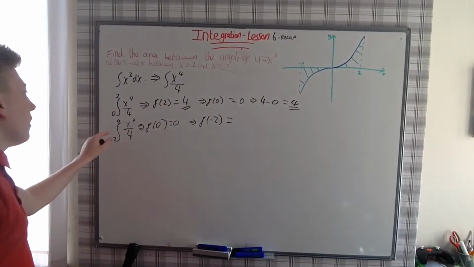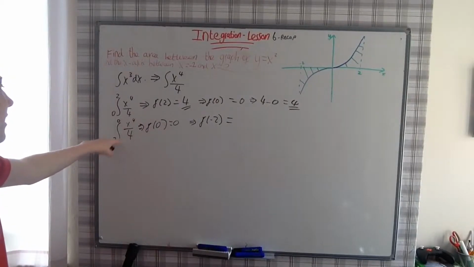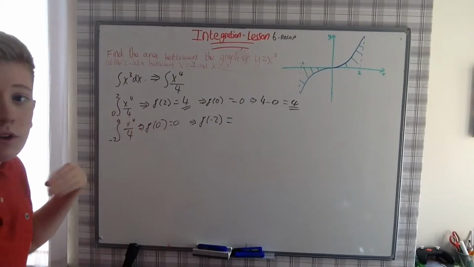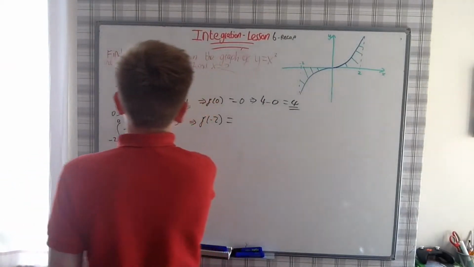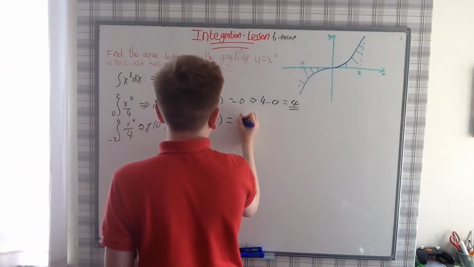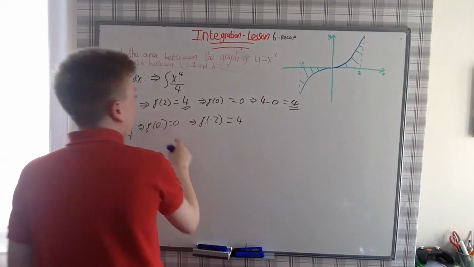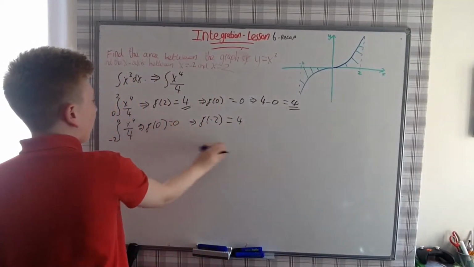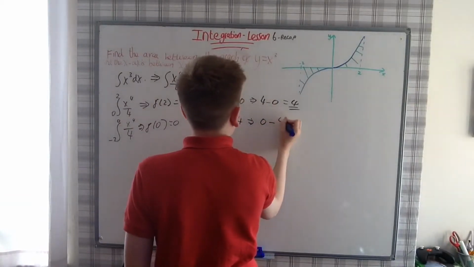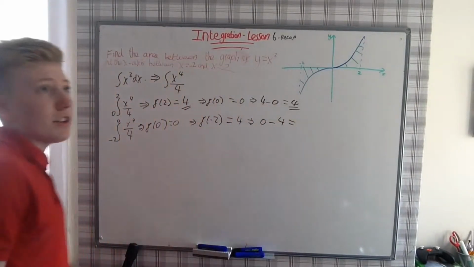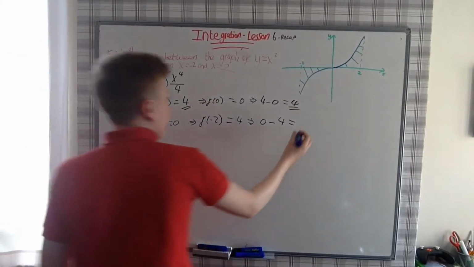We need to remember that whenever we substitute in a negative to the power 4, because it's an even power, we're going to get a positive answer. Okay? So we're actually going to get 16 divided by 4 again, which is positive 4. We have to do our upper limit, subtract our lower limit. So here we're doing 0, subtract 4. Well, 0 minus 4 is actually just minus 4.